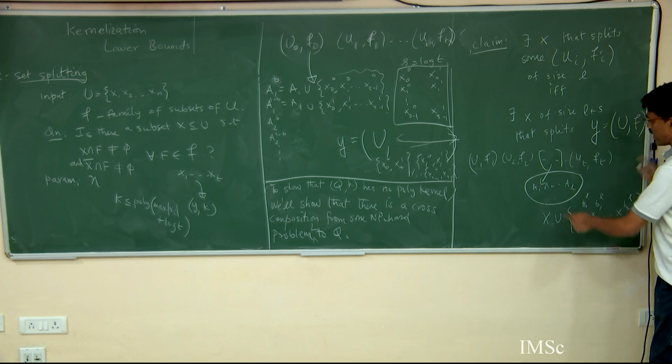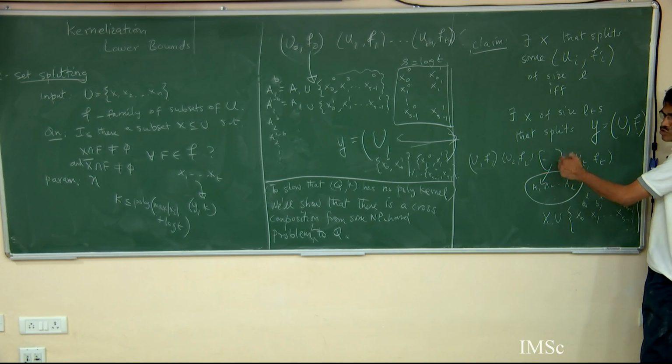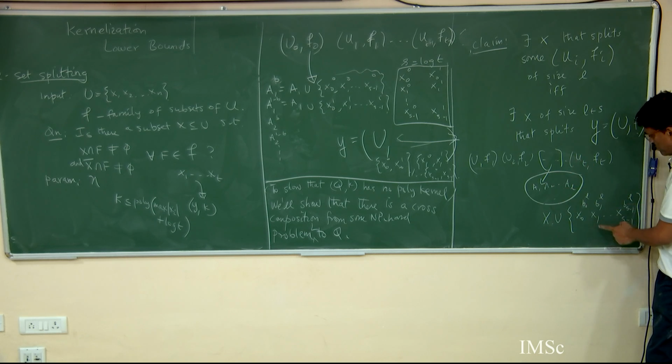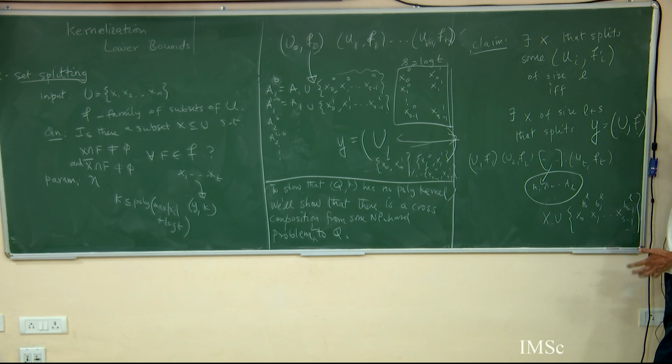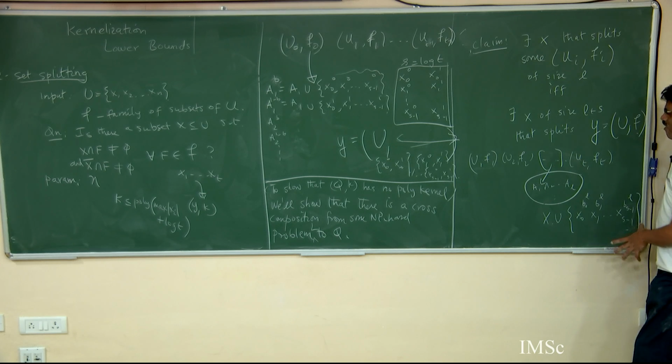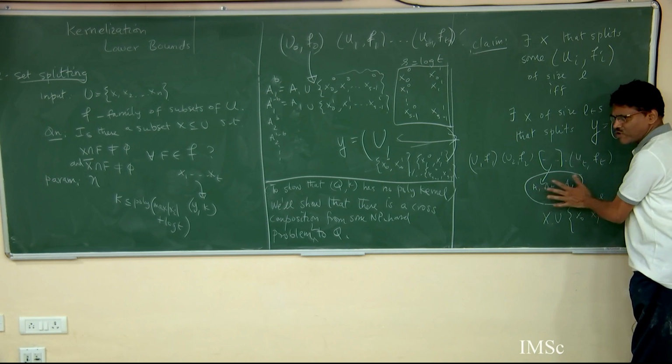Write L in binary, L being the size whose original universe is splitting it. Write L in binary, and that is B0 B1 to Bs minus 1. Okay. Take the corresponding Xi's and attach them, and I want to argue that this splits every set. About these guys I do not have to worry, right.